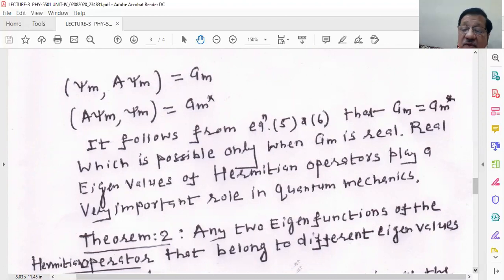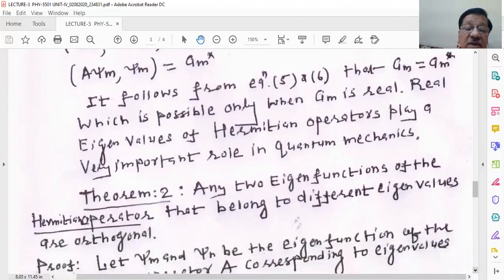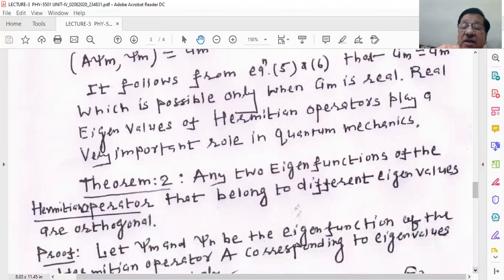So now we study the next theorem of quantum mechanics, for this particular operator, the Hermitian operator. Theorem number 2 indicates that any two arbitrary eigenfunctions of the Hermitian operator, not an ordinary operator, belonging to two different eigenvalues, are orthogonal.